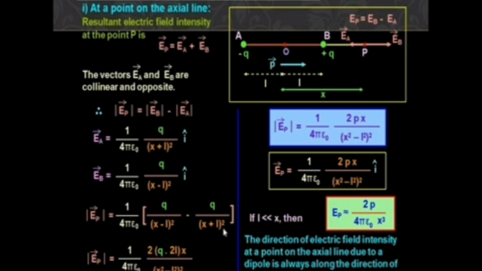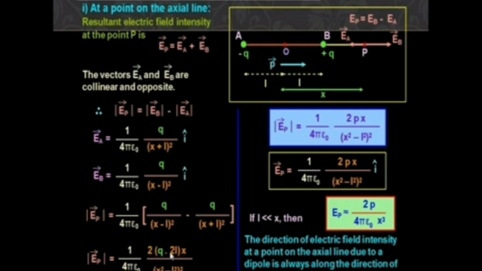Cross multiplying and using the formulas for (A plus B) whole square and (A minus B) whole square, we will get 4QLX in the numerator. In the denominator, (A minus B) whole square times (A plus B) whole square gives (A square minus B square) whole square, so we get (X square minus L square) whole square. It's very important.